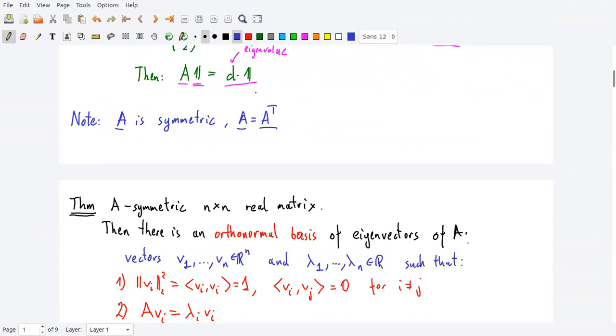The theorem says that whenever you have a symmetric matrix over the reals, you can always find an orthonormal basis of eigenvectors of this matrix.